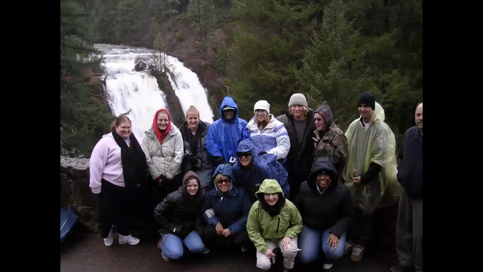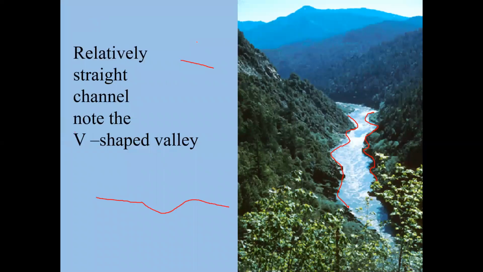So let me go back to this, and we look at the bends here. As I said before, this sets the stage for what happens later on in the life of the river. The river on the outside of a bend will be moving faster, so it tends to erode.